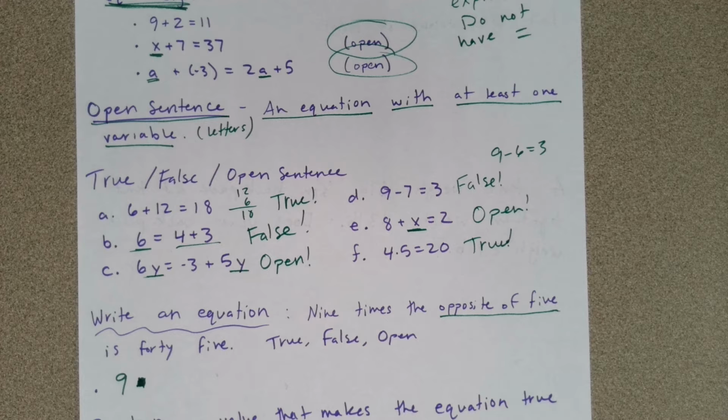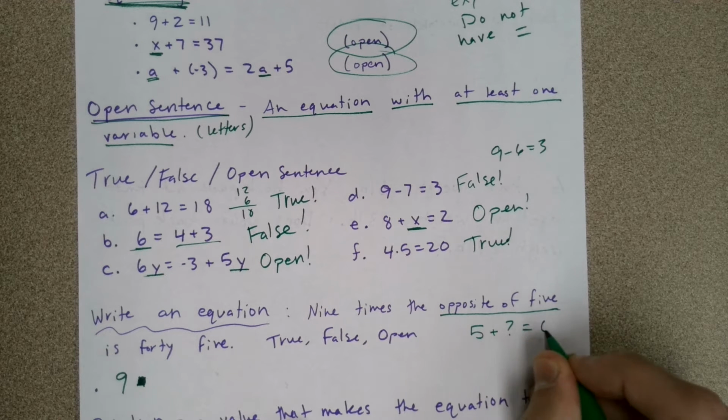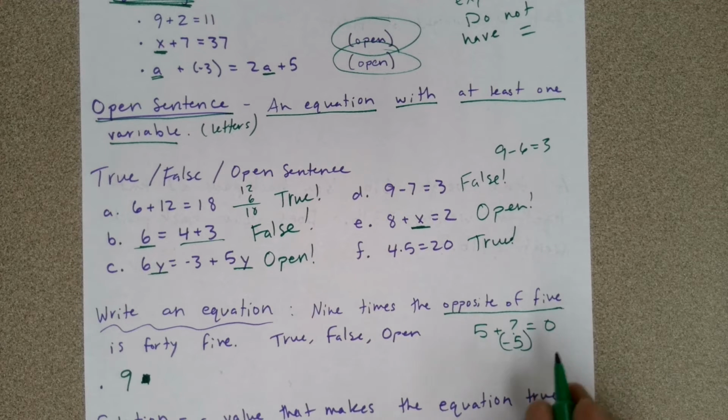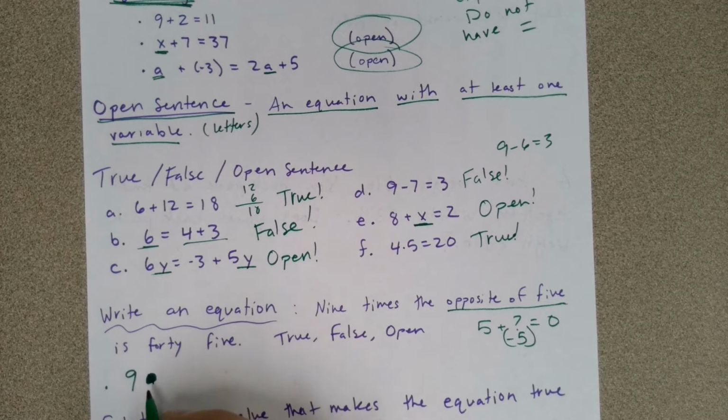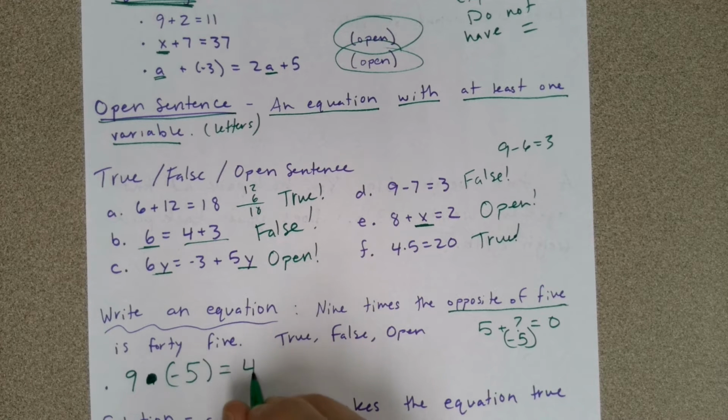I remember that an opposite plus the original always adds up to 0. So I know 5 plus something equals 0. 5 plus negative 5. Our opposite of 5 is negative 5. Our opposite of 100 is negative 100. Our opposite is the negative or the positive version of the same number. So I got 9 times the opposite of 5, which is negative 5, equals 45.